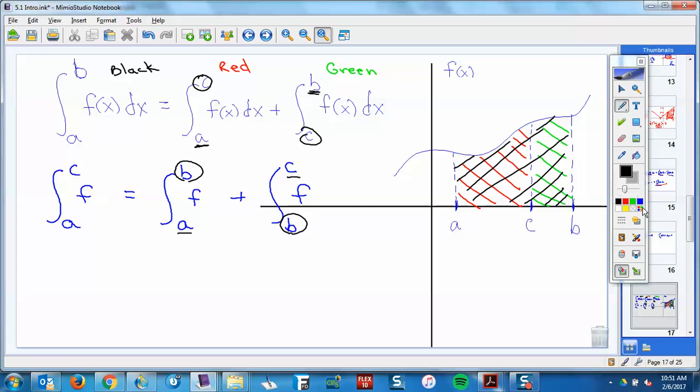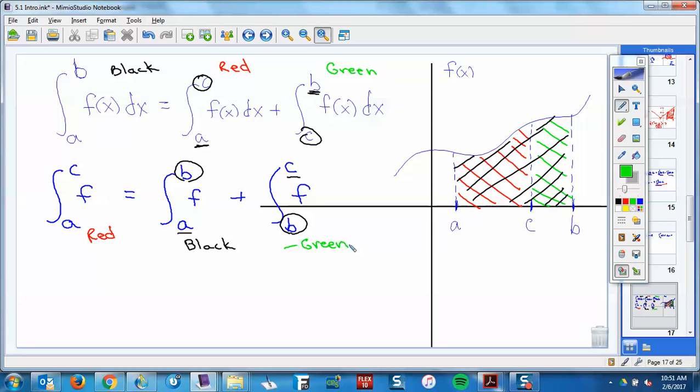Well, what's the area from A to C? That's the red, right? What's the area from A to B? That's the black. What's the area from B to C? Negative green. Negative green, because it's backwards.